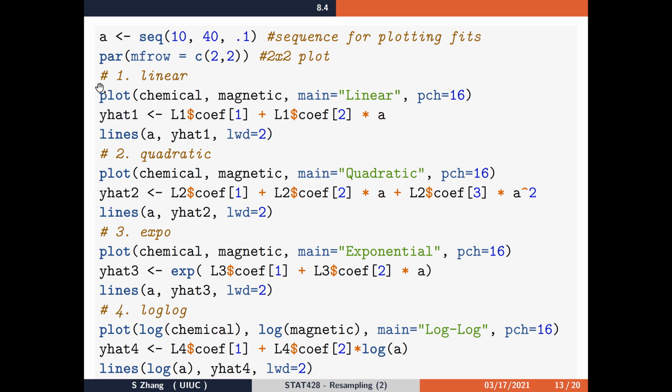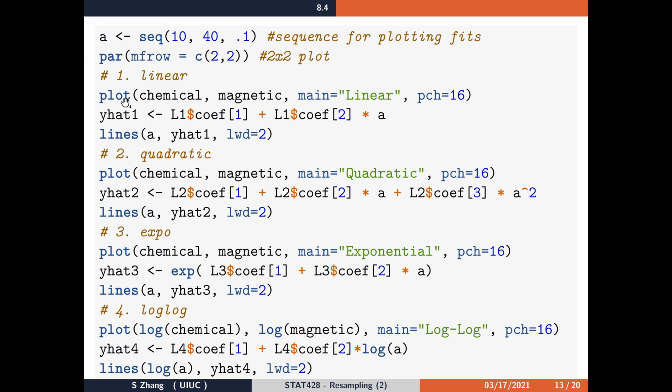For each of these models we first draw the scatter plot of our x's and y's. By doing plot(chemical, magnetic), we are plotting a scatter plot with the x and y observations.